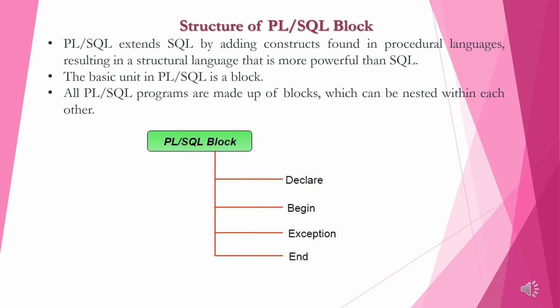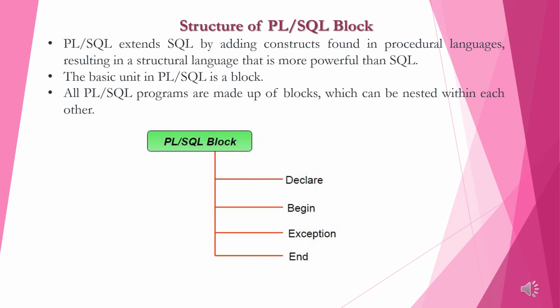Let's see the structure of a PL/SQL block. PL/SQL extends SQL by adding constructs found in procedural languages, resulting in a structured language that is more powerful than SQL. The basic unit in PL/SQL is a block. We call it a block from which we create multiple declarations and statements in a chronological way.